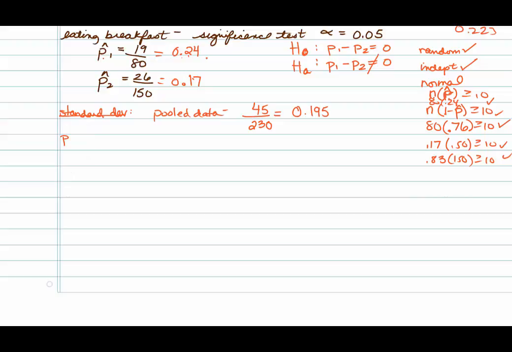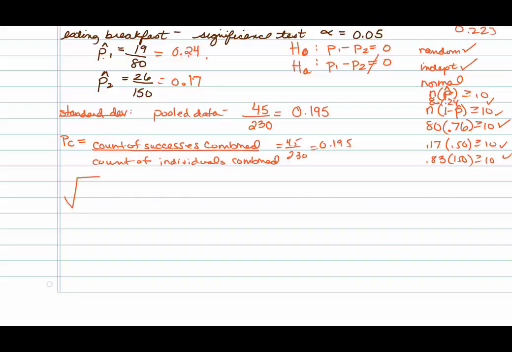So a lot of times you'll see it written as PC, which means the count of successes combined over the count of individuals combined. And that's where that 45 out of 230 came from.